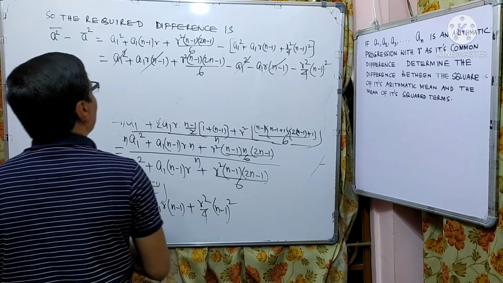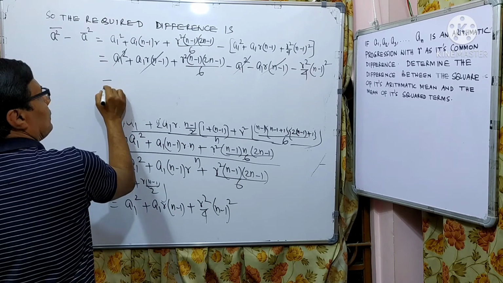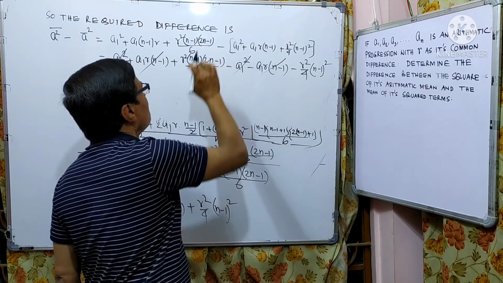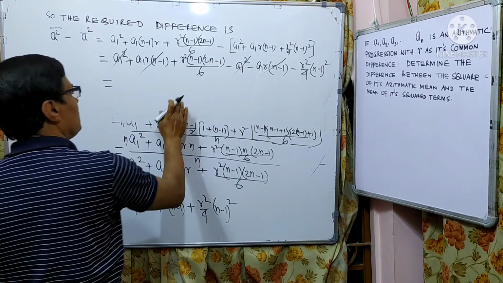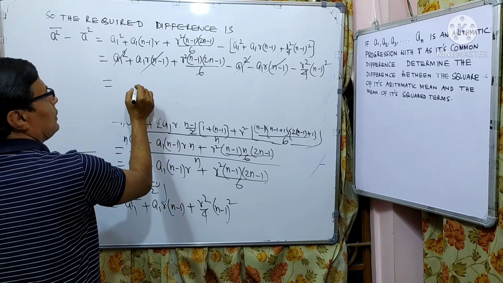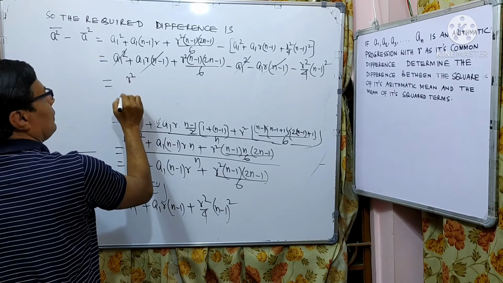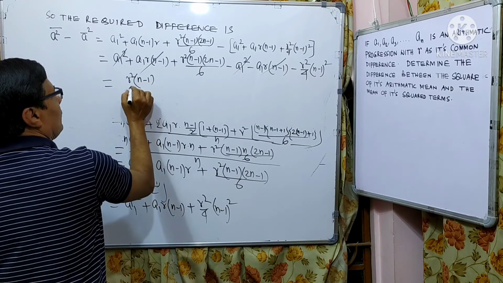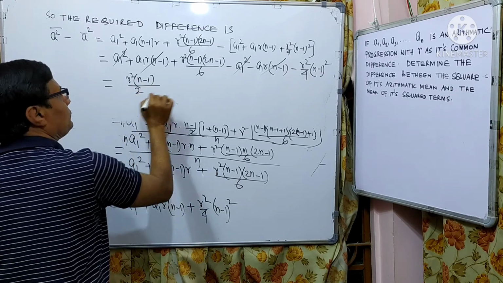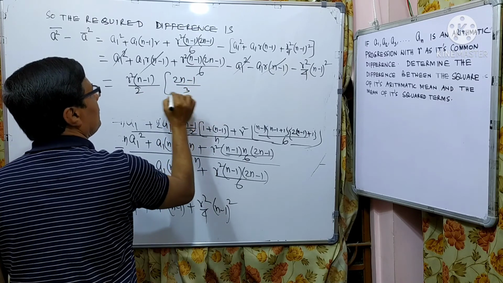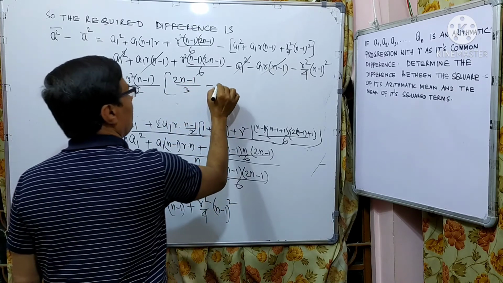We subtract this from this, and we get r square into n minus 1 over 2n minus 1 over 3 minus n minus 1 over 2. After subtracting, we get 4n minus 2 minus 3n plus 3 over 6.